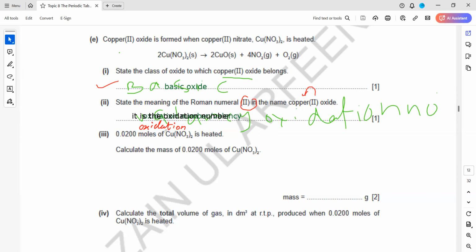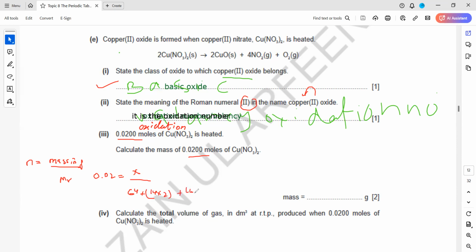We have 0.02 moles of copper(II) nitrate heated; calculate the mass. So how do we work out the mass? Moles equals mass in grams divided by the molar mass. Moles are 0.02, mass in grams is unknown, and we need the molar mass. You have to use your periodic table. Copper is 64 or 65, 63.5 you can use. Nitrogen is 14 multiplied by 2.